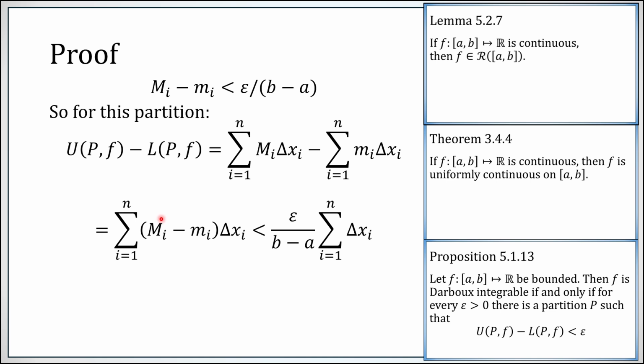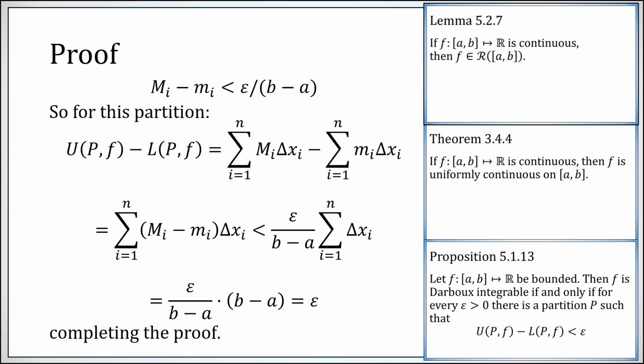Now, each of these is less than a fixed constant epsilon over b minus a, which we may factor out of the sum altogether, leaving behind just a sum of the delta x_i's, which, as we have mentioned a few times, is exactly b minus a. That cancels this denominator. We recover epsilon. So we found a particular partition for which the upper and lower sums differ by less than epsilon, establishing integrability.